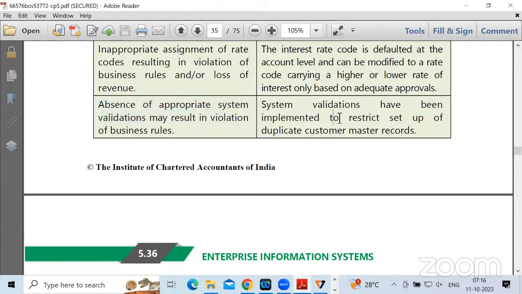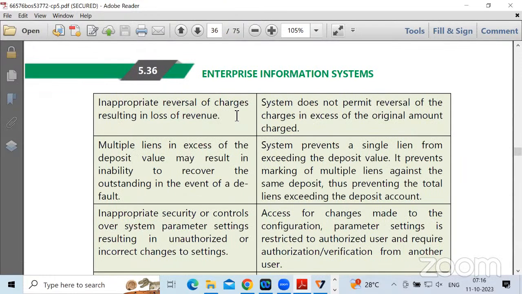So you should restrict the setup of duplicate customer master records. Inappropriate reversal of charges resulting in loss of revenue. So it has to be done with proper approval. That is, the system does not permit reversal of the charges.